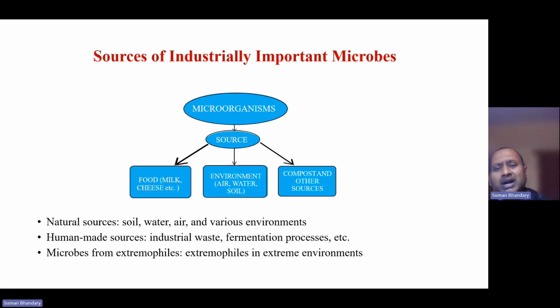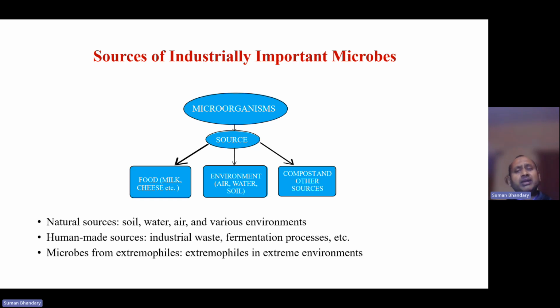Now, when you are developing or searching for a microorganism that has some industrial applications, you may encounter some problems. These are problems often associated with industrial microbial processes.